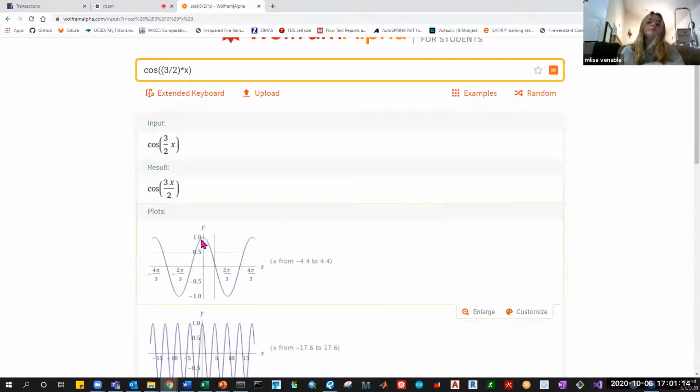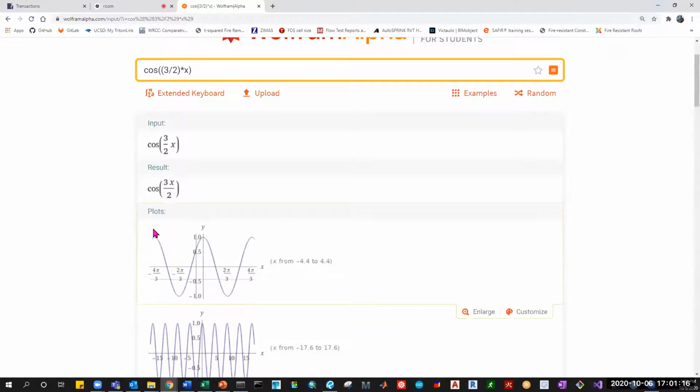But the way I usually check is it gives you a graph right here. Besides a calculator, it gives you everything pretty much. In the end, you want to get familiar with the shifting and everything, but at least you have a quality checker that will show you what that graph looks like. Even for tan.